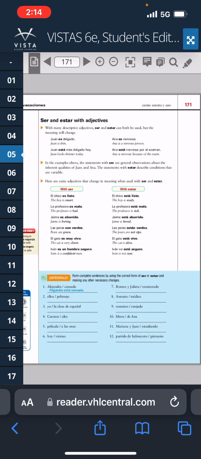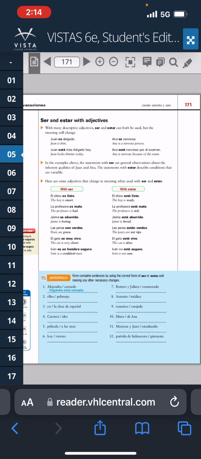With many descriptive adjectives, ser and estar can both be used but the meaning will change. Juan es delgado. Juan is thin. Ana es nerviosa. Ana is a nervous person. Juan está más delgado hoy. Juan looks thinner today.